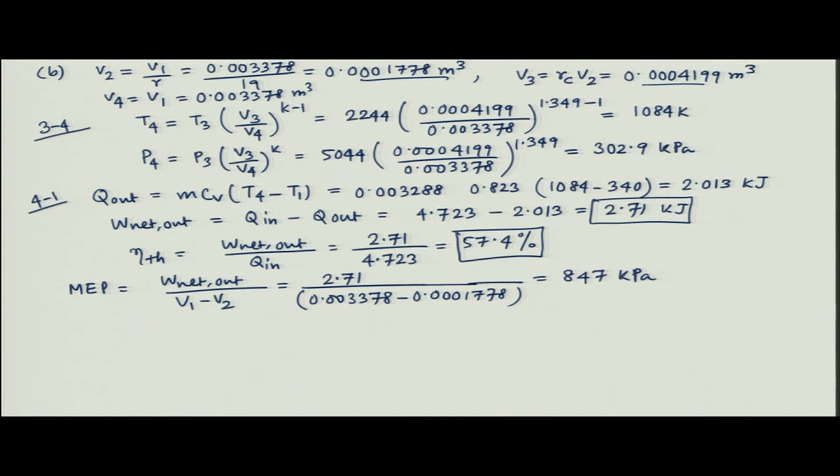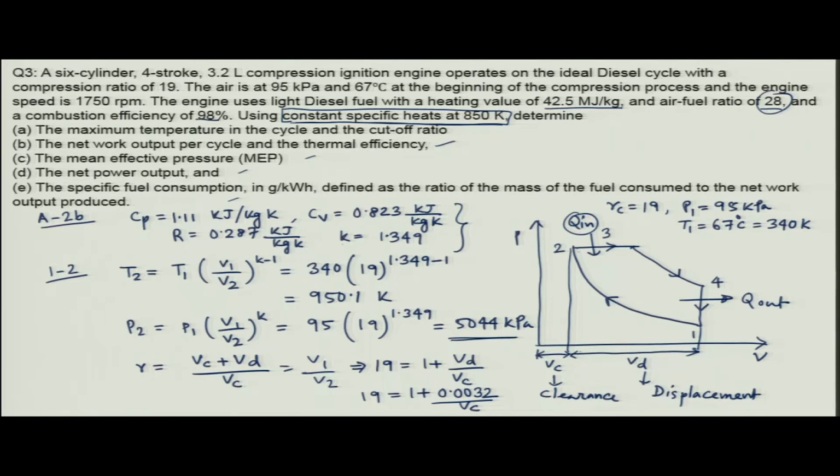Next, we can go and find out the net power output in kilowatt, right. So, the W dot net, so dot means per unit time, this should be equal to W net out, which is the output of a cycle, which is 2.71 kilojoule. But if you look at the problem, this is a 4-stroke engine, right. What does it mean?